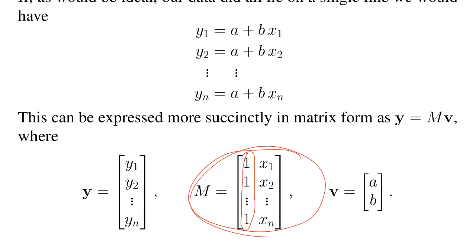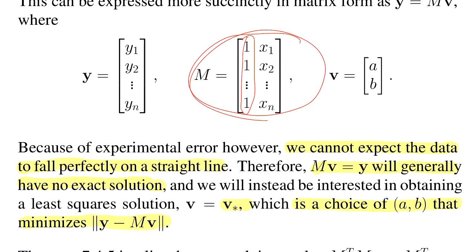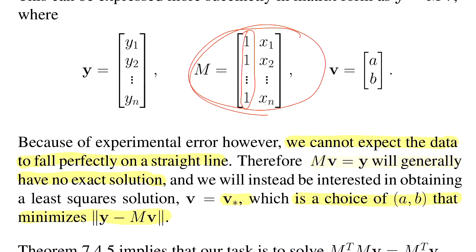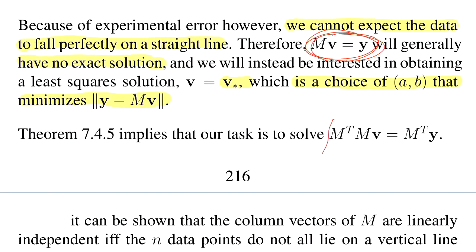So we want to find a least squares solution to Mv equals y. And we know that least squares solutions to Mv equals y are just real solutions to the normal equations. Okay? So you now just take your data matrix.